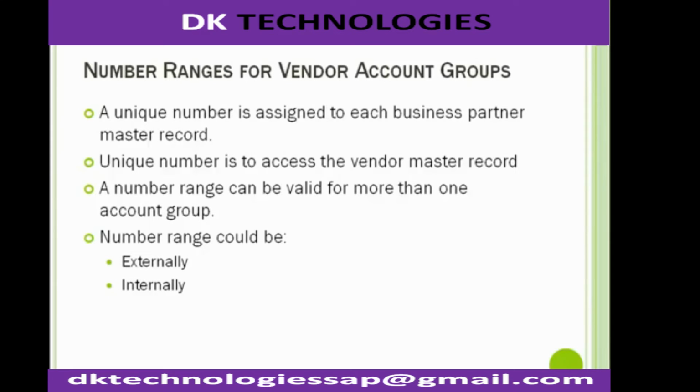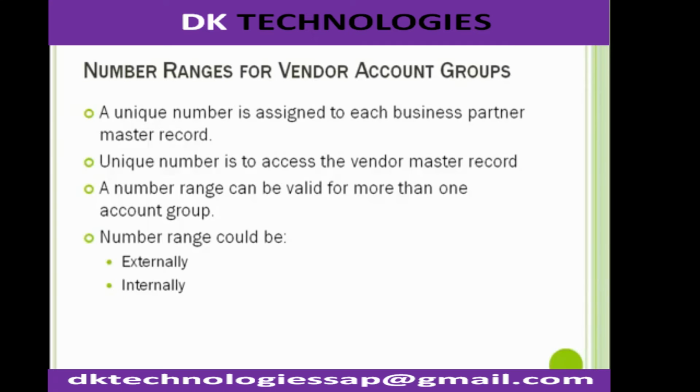You could use the same range for all the groups. You could define different ranges to different groups as well. It depends upon you which group, what number you want to take. You may want to maintain the same number for all the groups, or you may want separate number ranges for different vendor groups.